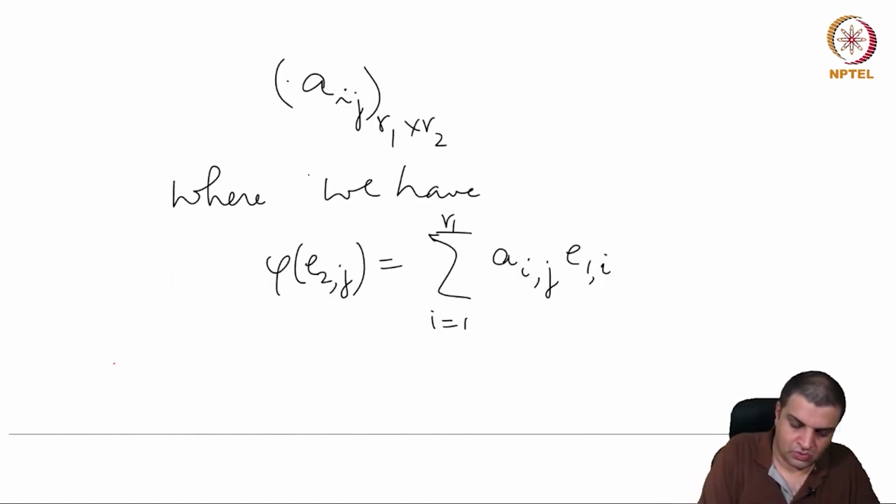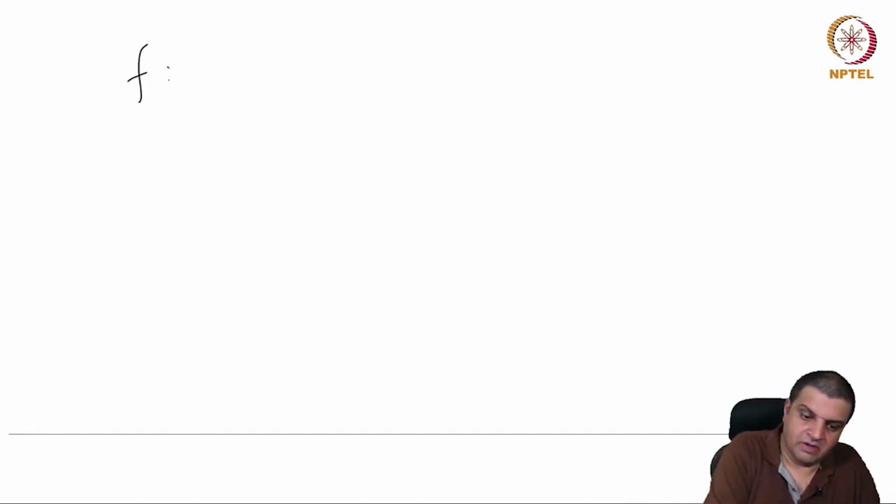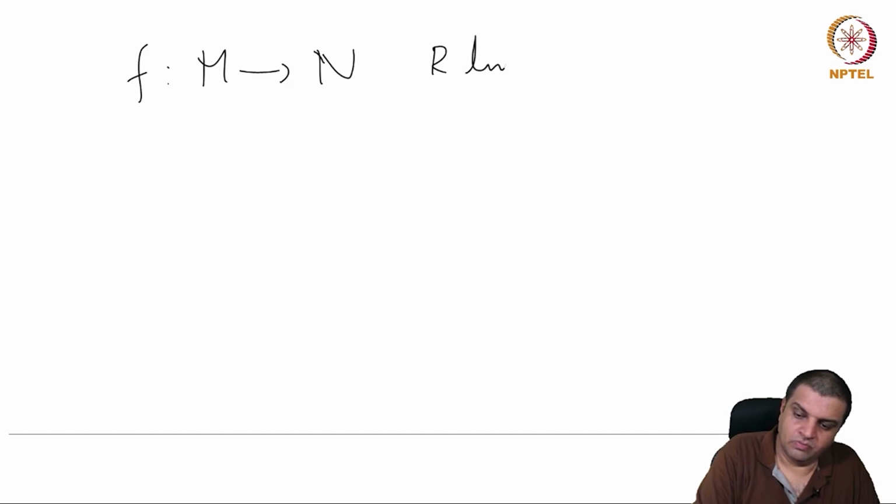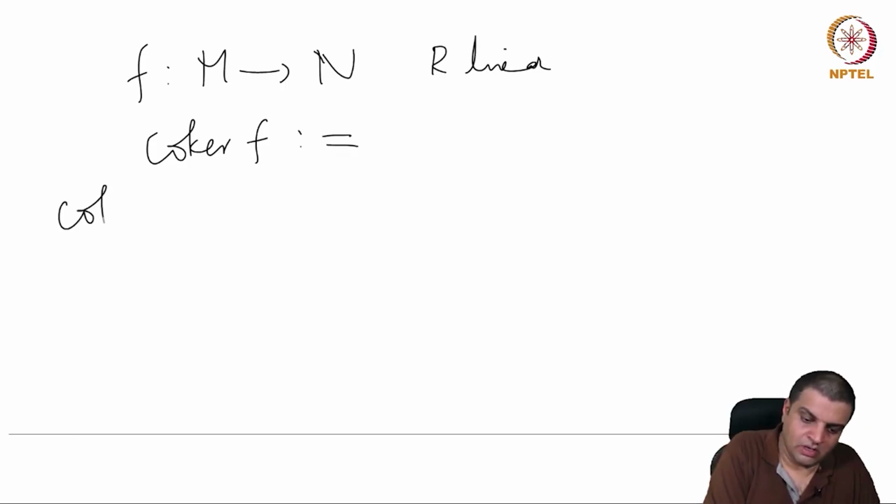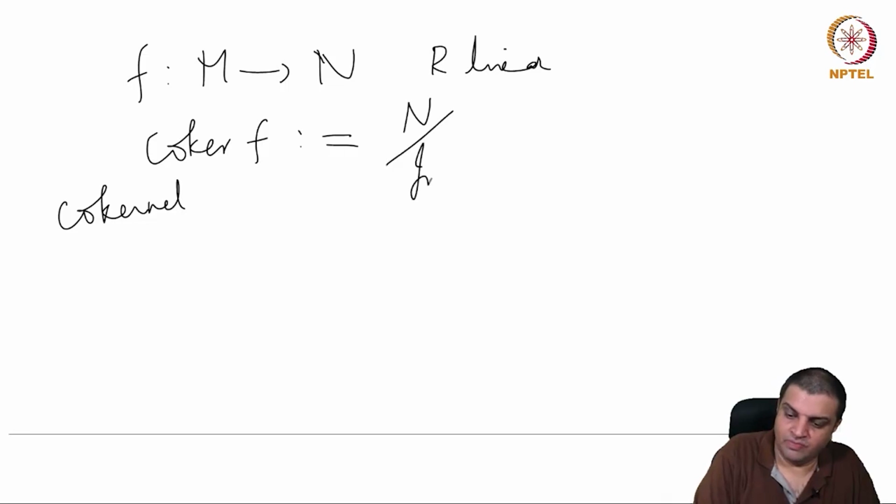Co-kernel means, if f from M to N is linear, then the co-kernel of f is by definition N mod image of f.